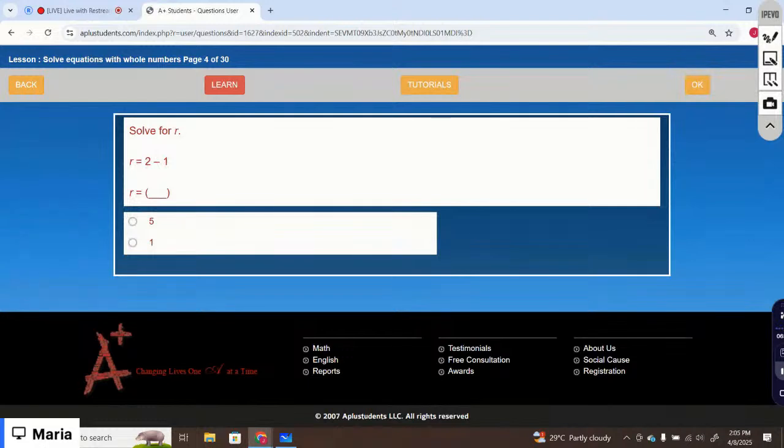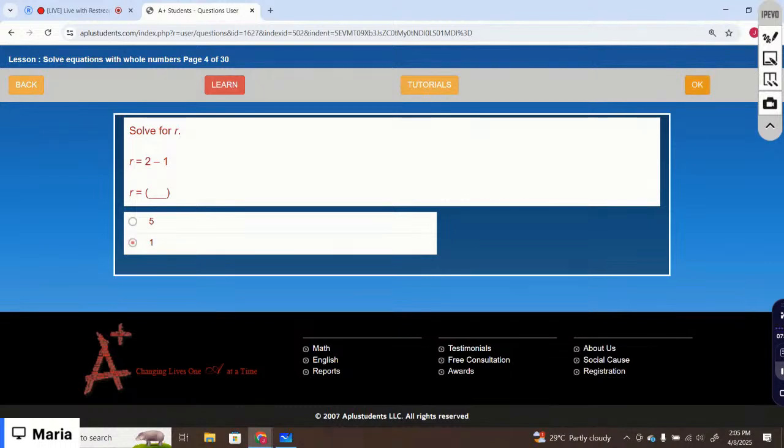Solve for r. r equals 2 minus 1. 2 minus 1 equals 1.